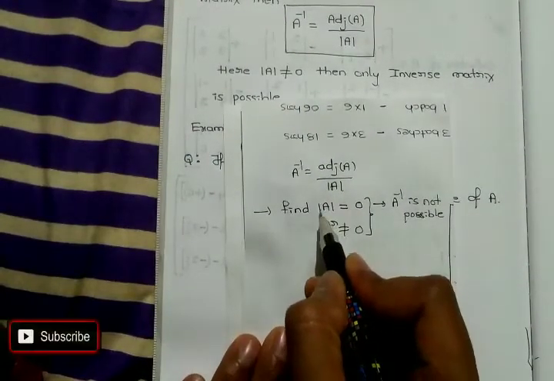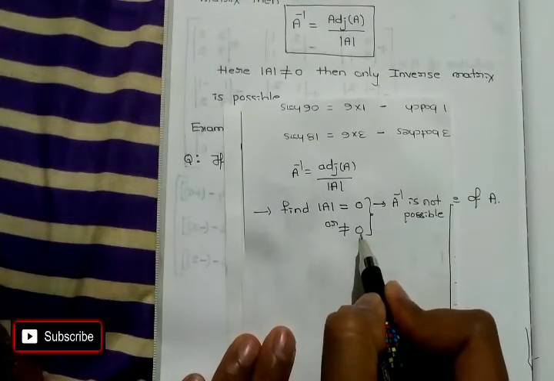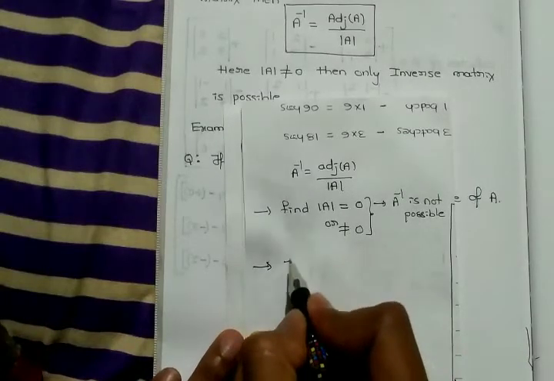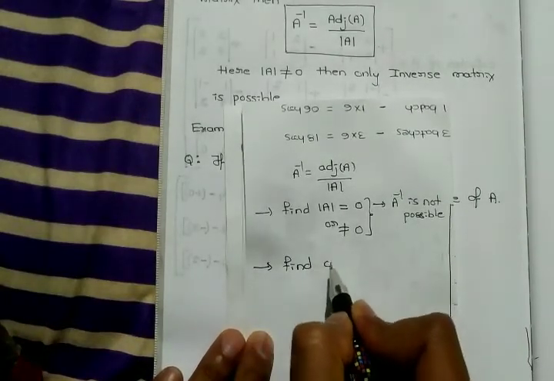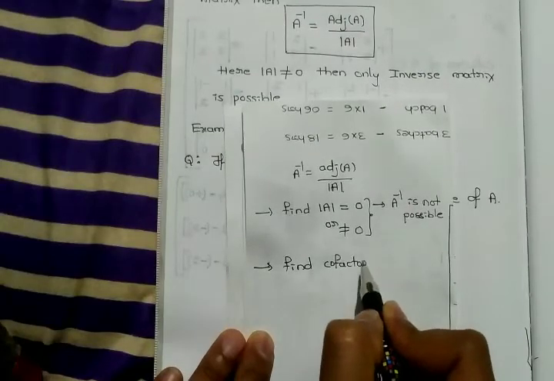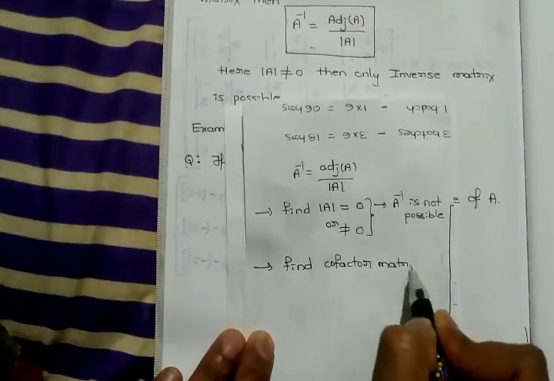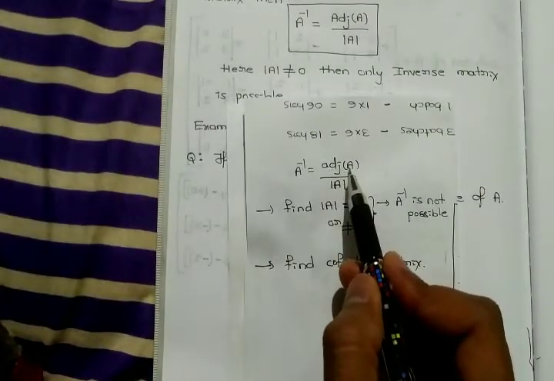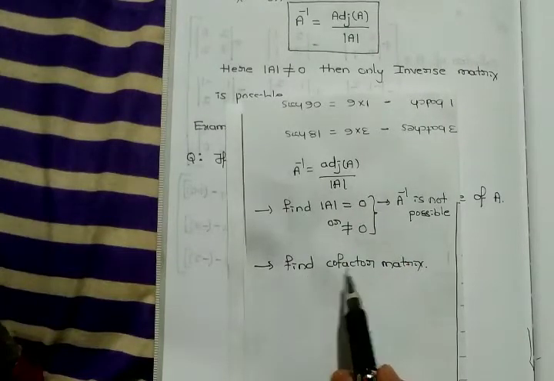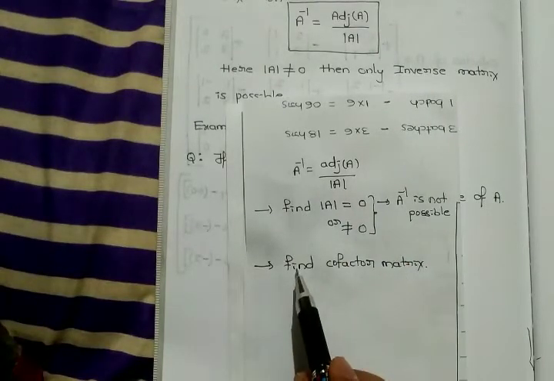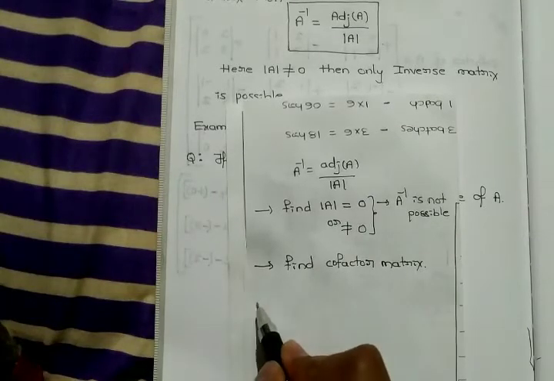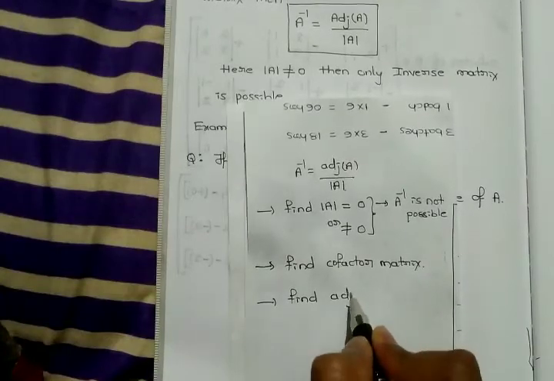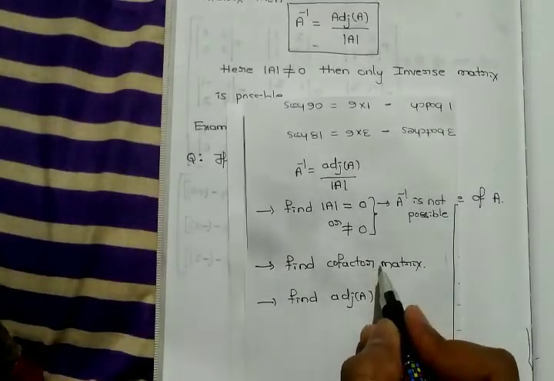Suppose the determinant of A value is not equal to 0, then the second step you need to follow is to find the cofactor matrix. Because you know, to find the adjoint of A, we need the cofactor matrix. The third step is to find the adjoint of A by taking the transpose.